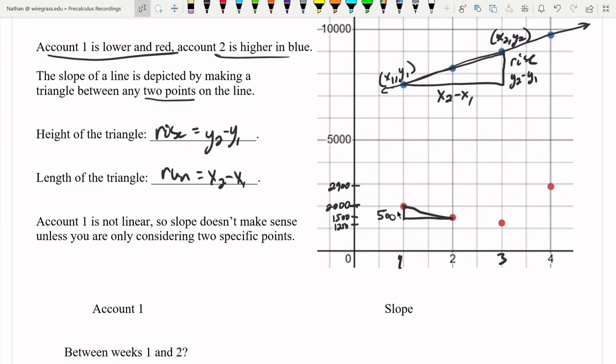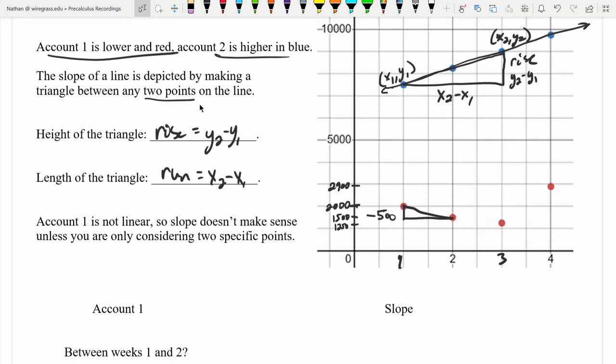Technically, since we're looking at the starting point here and the final point there, the rise is actually negative 500. We're going down. And the run, I would always recommend when you're looking at run, consider it always going left to right. So it's always going to be positive.